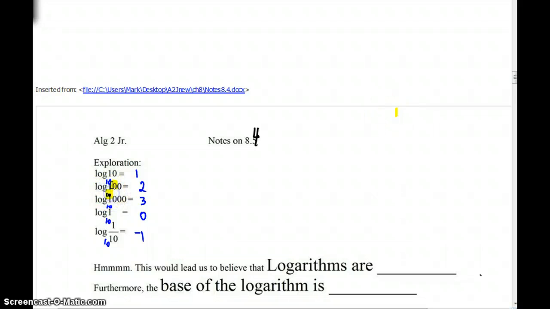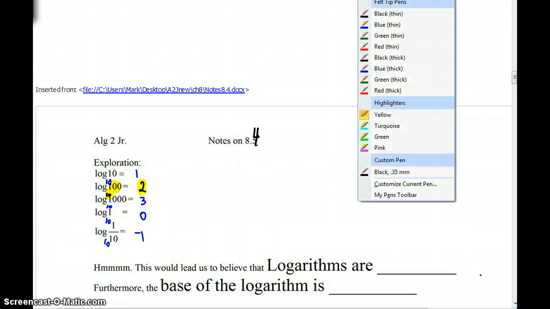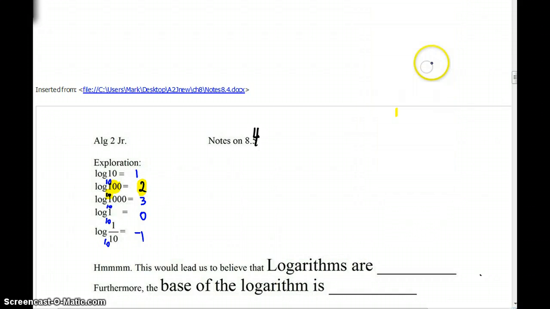Let's take a look just at our second example where we had log base 10 of 100 equals 2. Without too much time, hopefully students will be able to see a relationship between the 10, the 2, and the 100, namely that 10 to the second power is equal to 100.